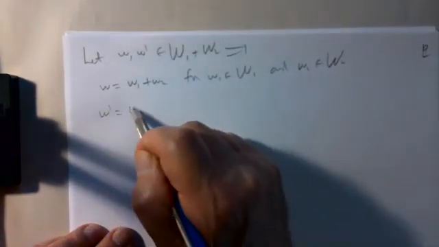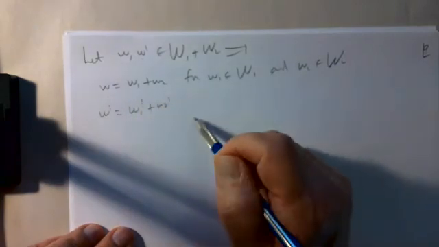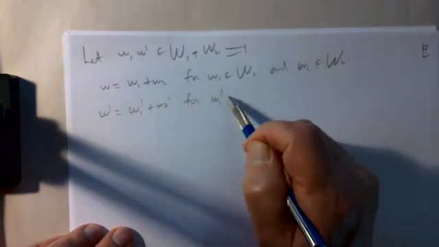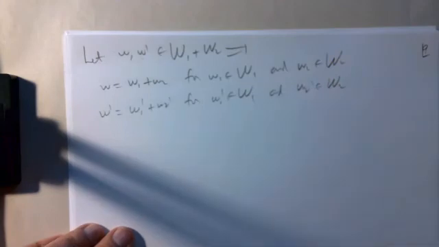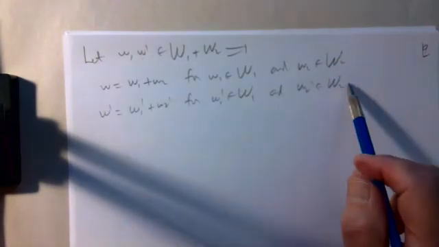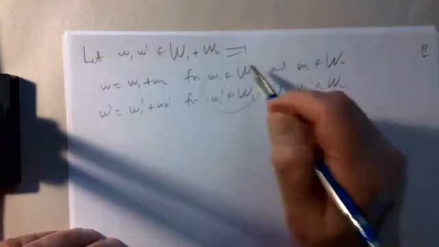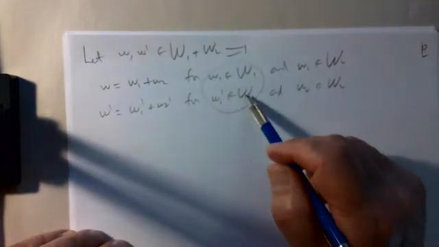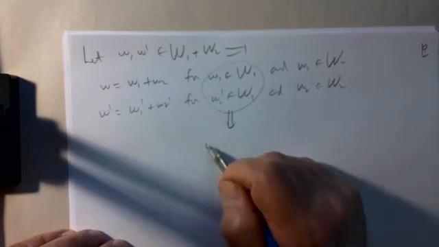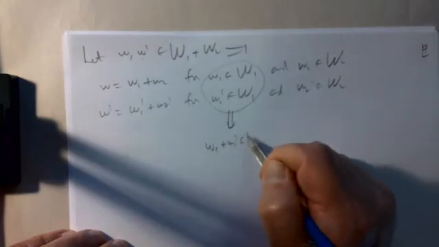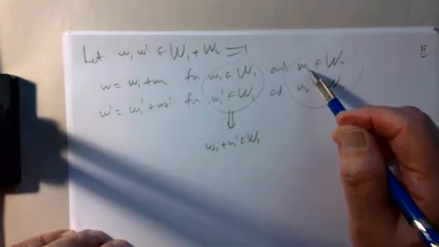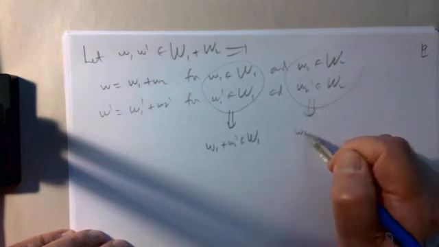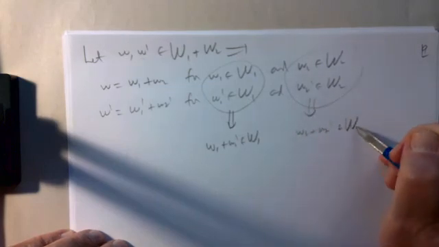And similarly, w prime can also be written as w1 prime plus w2 prime for some vector w1 prime in W1 and w2 prime in W2. But W1 and W2 are subspaces. So if w1 and w1 prime are both in W1, then w1 plus w1 prime is in W1. And if W2 contains both w2 and w2 prime, then w2 plus w2 prime is in W2.